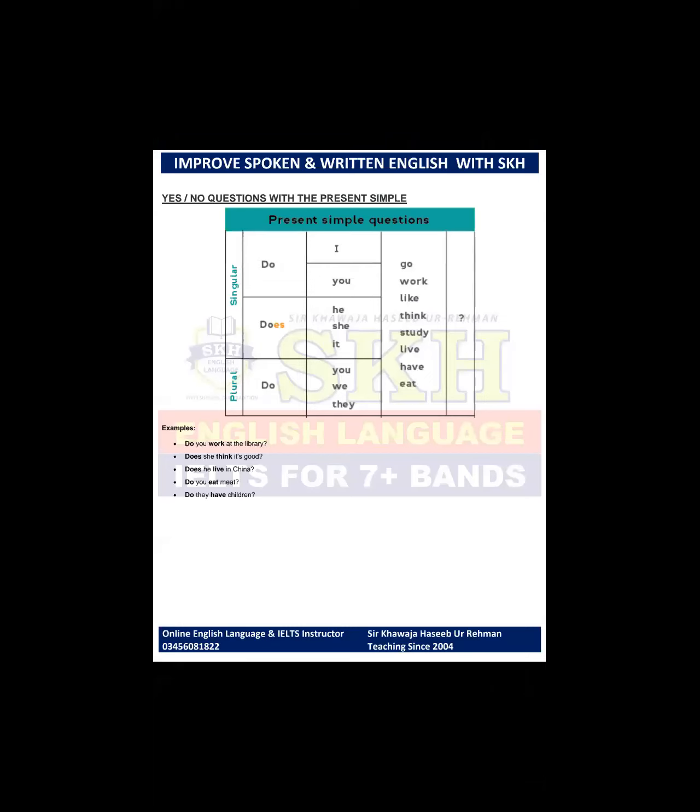Question: do with I and you, does with he, she, and it, do with you, we, and they, with the first form of the verb, like do I go, do I work, do you work, does he think, does she think, does he study, does it study, or do you have, or do you eat, or do they have, or do they eat?